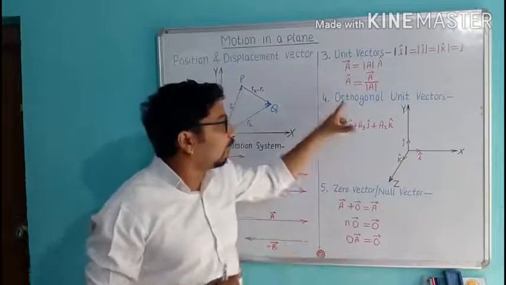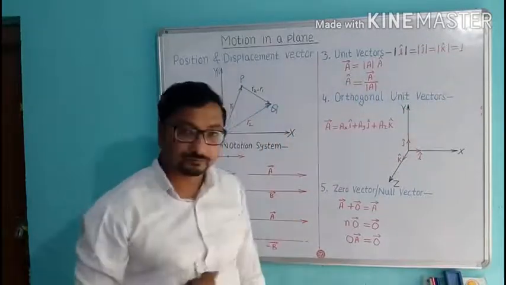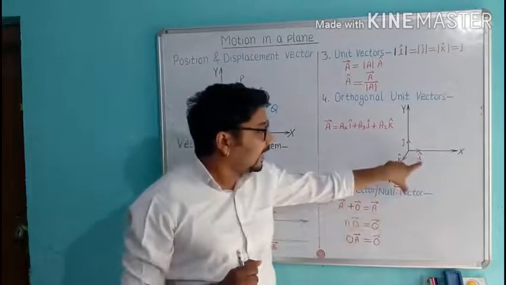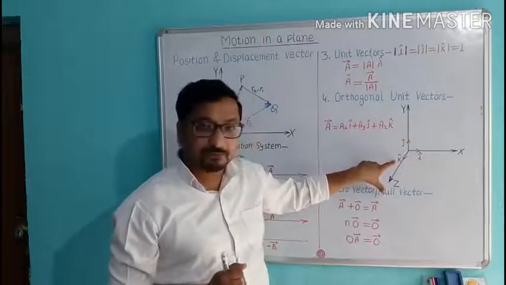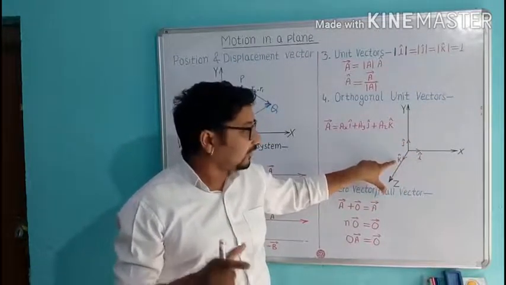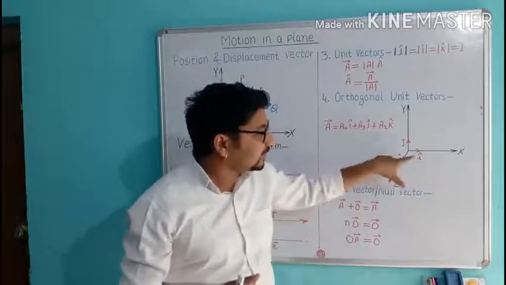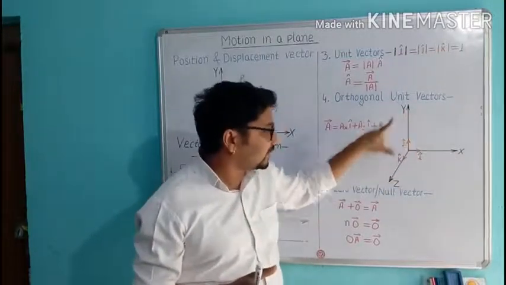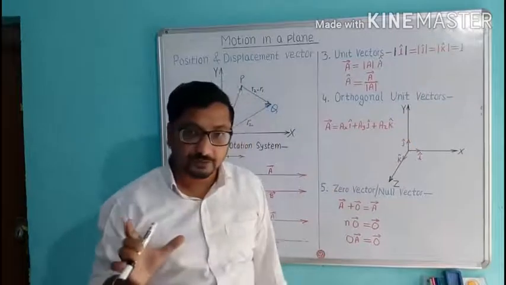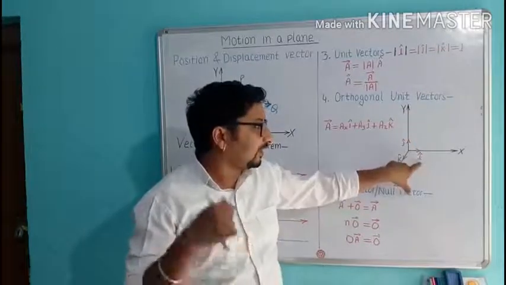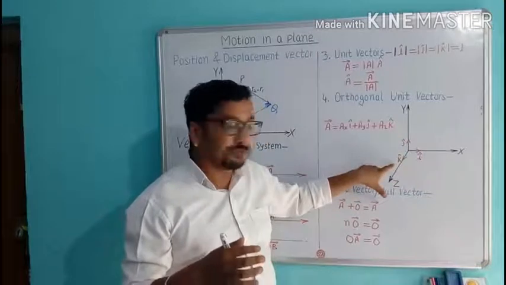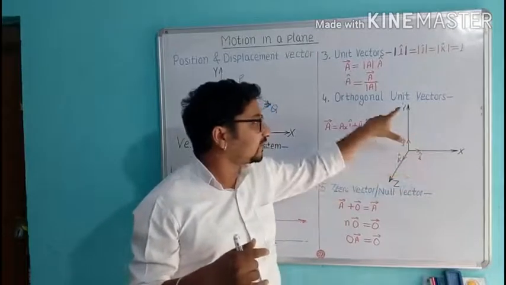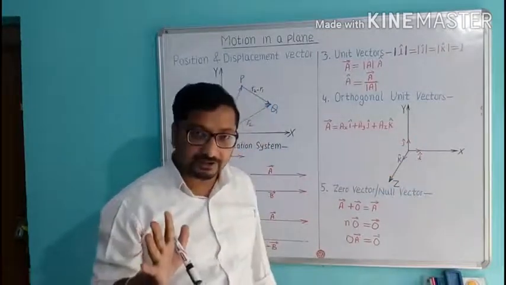Okay. Now next, orthogonal unit vectors. i cap, j cap, k cap unit vectors are always along the x direction, y direction and z direction respectively.